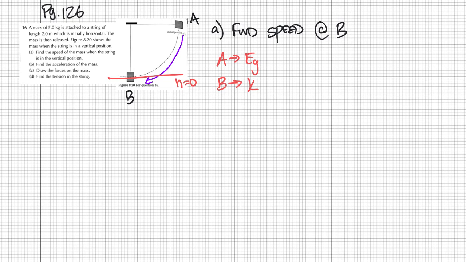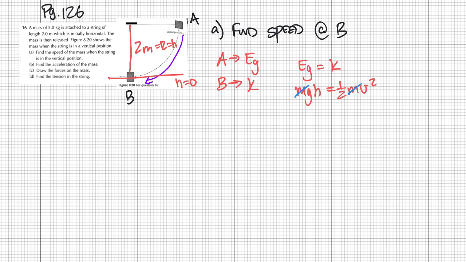So all that gravitational potential has turned into kinetic. And we know that the string has a length of 2 meters. So that's kind of my R as well as my H in terms of how high I am from when I start. So we're going to say EG equals K, and that's mass times gravity times height equals 1/2 mv squared. Again, here, my masses are going to cancel out.